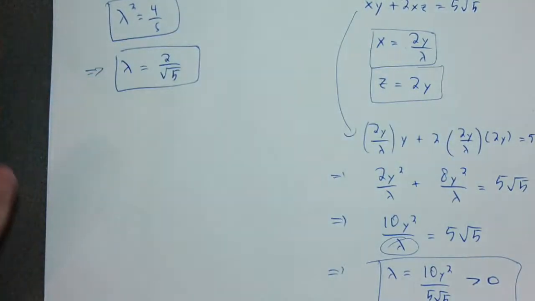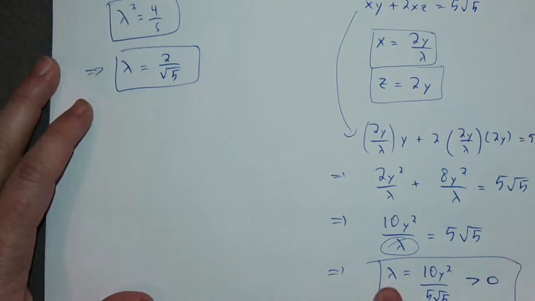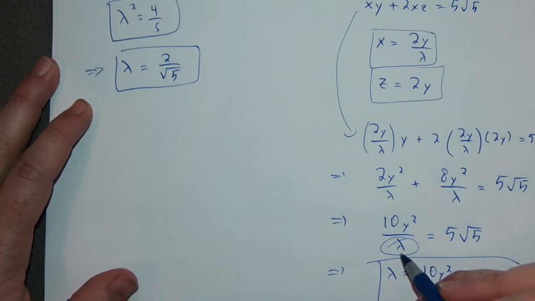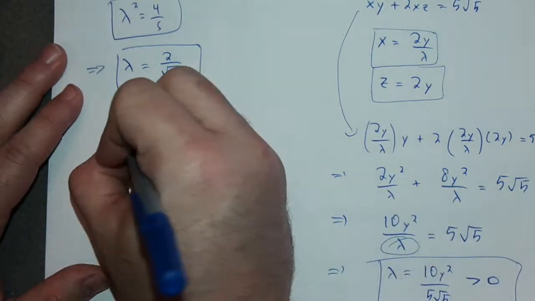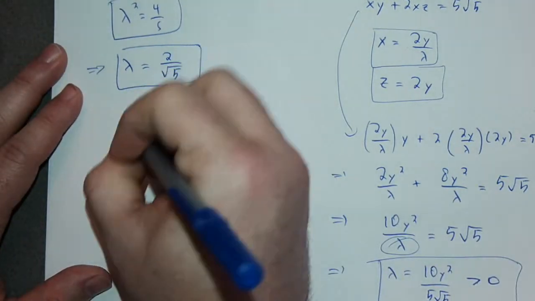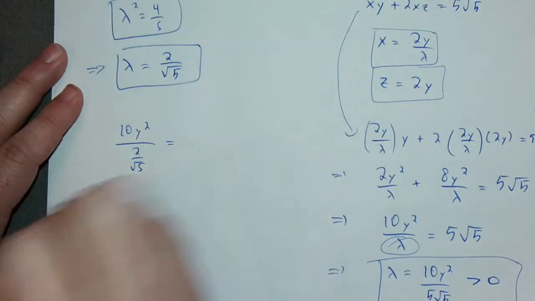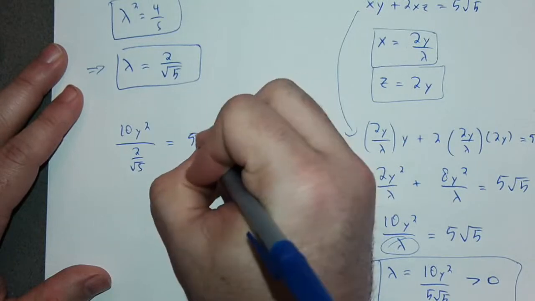So I don't have to consider the lambda equals minus 2 over √5 case. But we've already done the work here of solving for what y would have to be in terms of lambda. So if lambda is 2 root 5 here, I get 10y squared over 2 root 5 is equal to 5 root 5.